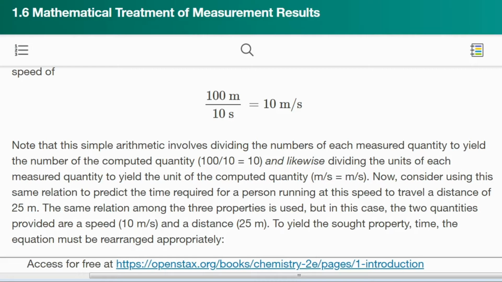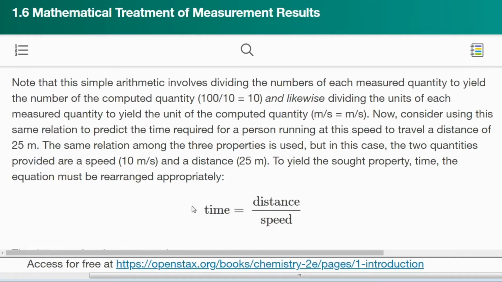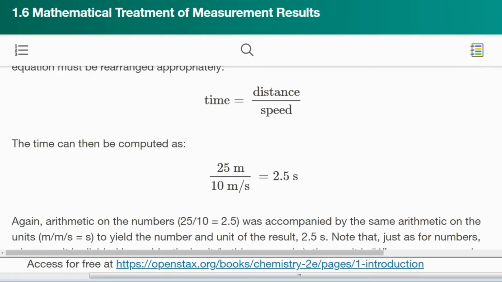To yield the sought property, time, the equation must be arranged appropriately. Time equals distance divided by speed. The time can be computed as 25 meters divided by 10 meters per second equals 2.5 seconds.